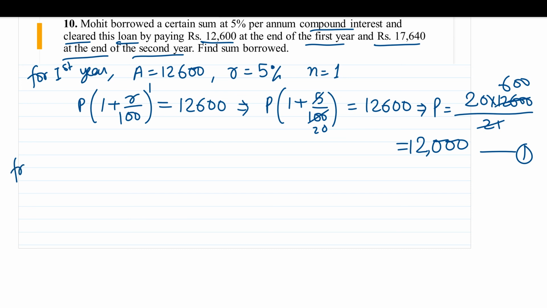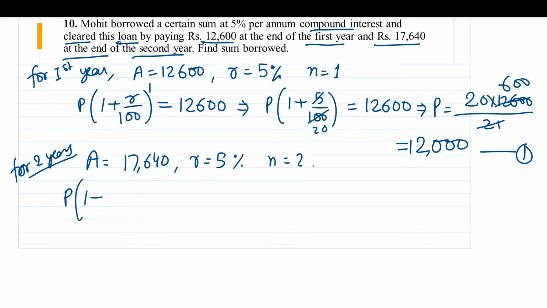For the second year, for 2 years, the amount is 17,640. Rate is 5%, and n is 2 years. So P times (1 plus 5 over 100), this is not a decimal, to the power 2 is equal to 17,640.